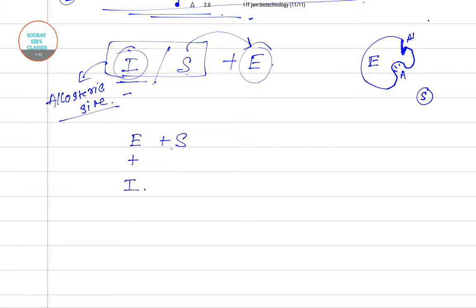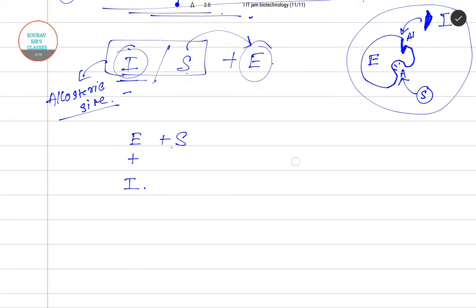Suppose this is the inhibitor that binds to the enzyme's allosteric site. So it will bind here, and the substrate will go here and bind to the enzyme. So this is how the enzyme substrate inhibitor complex will form.